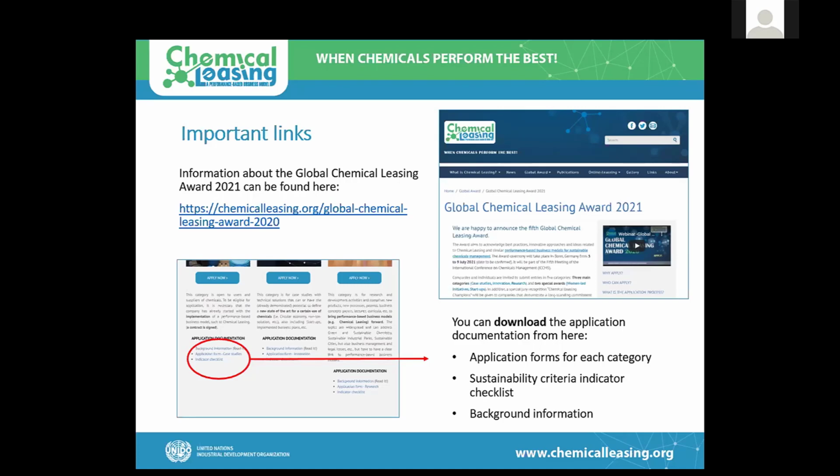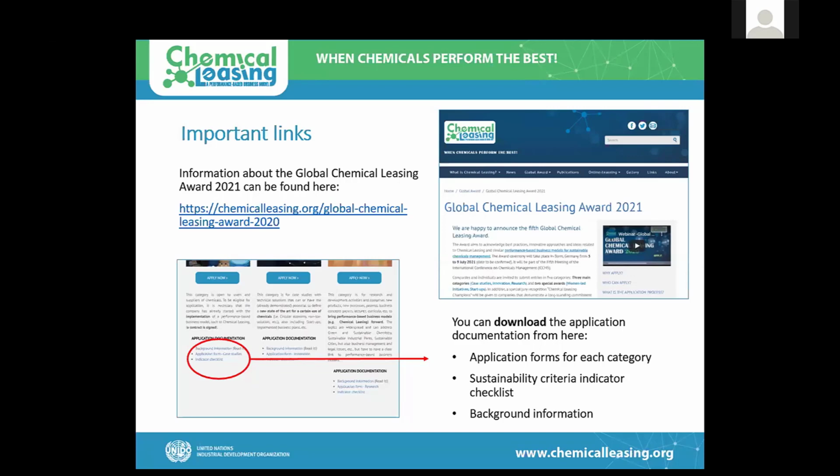Here you will find the links to the application forms of each category, to the sustainability indicator checklist, and to the background information. Regarding the background information, please make sure you read it. It explains what is needed to fill in the application, and it also explains the categories and everything, so that you know where to apply when you're applying to the award.